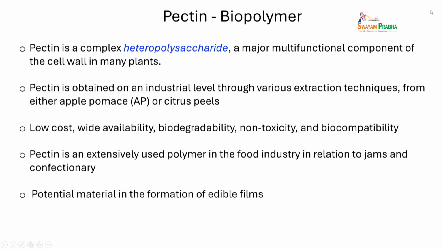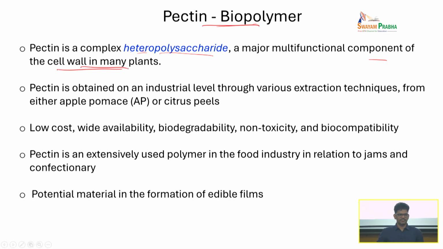Okay, just to give you a heads up with what pectin is. So as I said, pectin is a biopolymer. That means it can be derived from biological origins, from a renewable source. And it is a kind of polysaccharide, but we call it a heteropolysaccharide because it consists of 2 or more components. And it's a major multifunctional component of the cell wall in many plants.